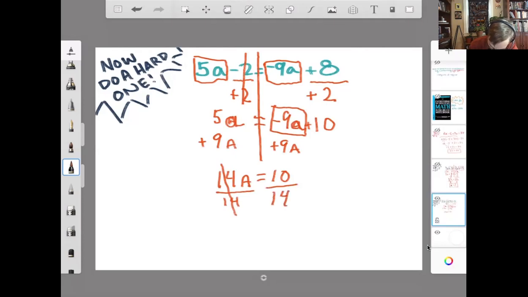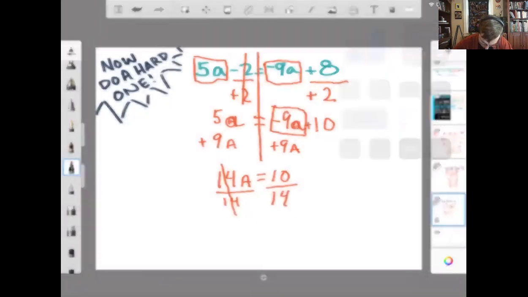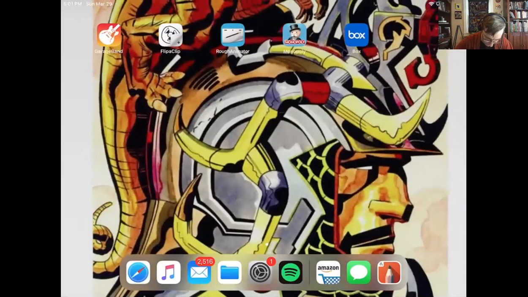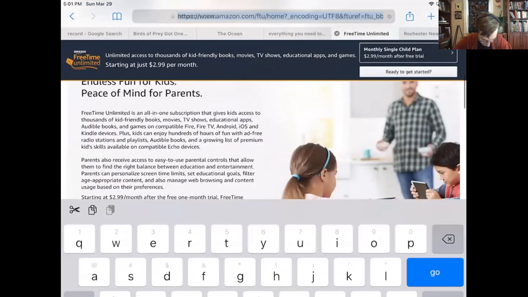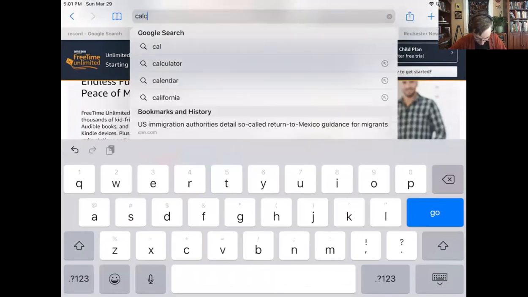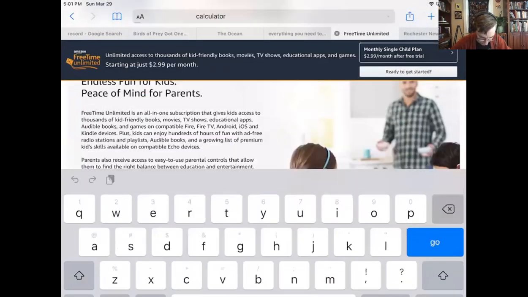And now you have two options here. You can take out your calculator and you can divide 10 by 14. Uh-oh, I left mine in the other room. Let's go to the internet. Calculator.